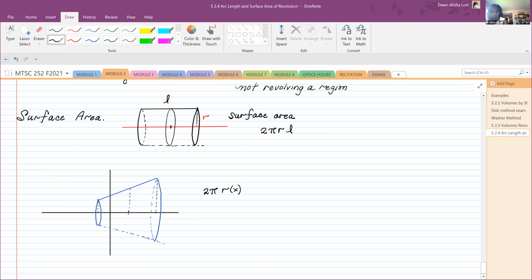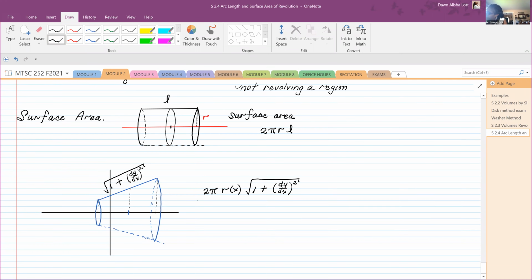And then I need this length, but I already know that I can find the length of this thing by taking the square root of 1 plus dy/dx squared.